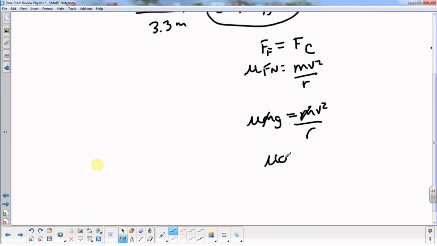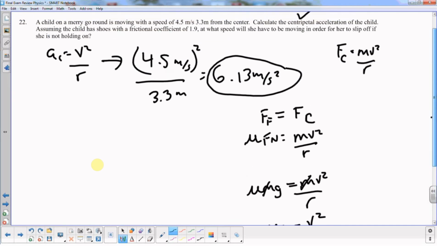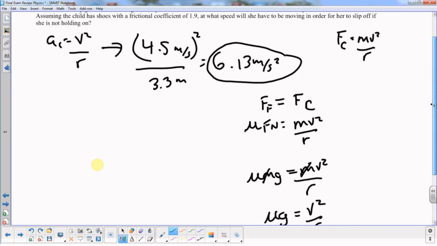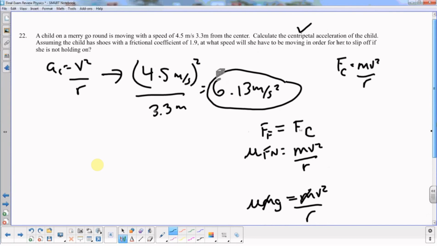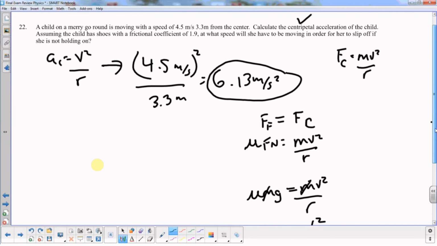Now, the merry-go-round and the friction and gravity are all given. We're just solving for the velocity. So the radius is 3.3 meters. The speed is irrelevant because we are going to solve for that. And mu is 1.9.